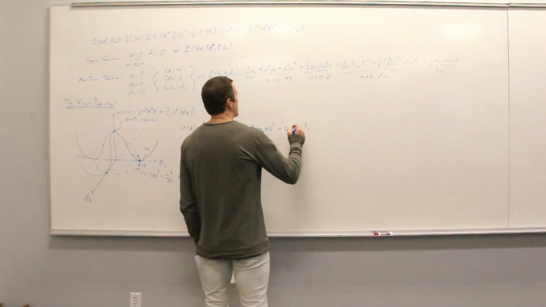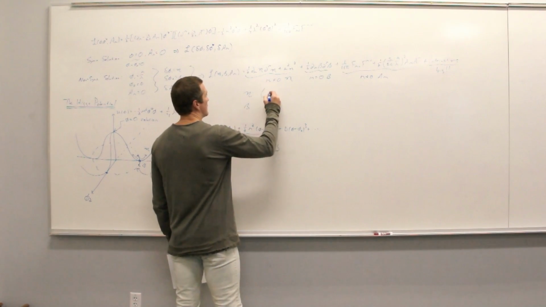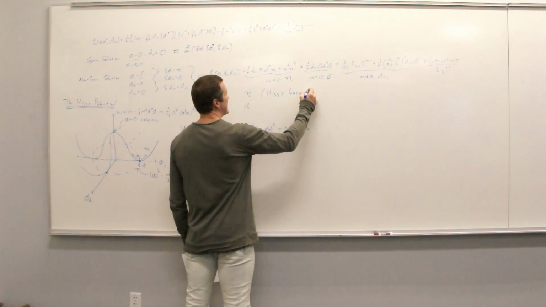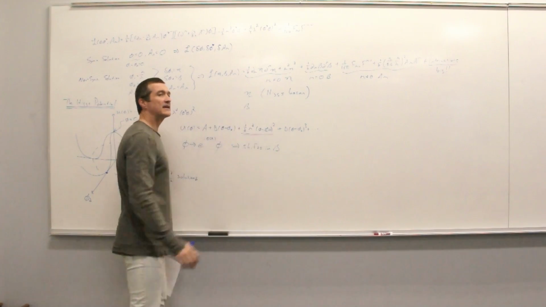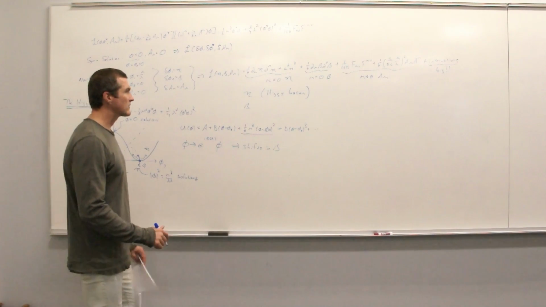Now, let me name these for you. The fluctuation in eta, the one that has mass, remember it that way, is called the Higgs boson. That is a particle in the Standard Model, which of course we experimentally discovered back in like 2012, I think.